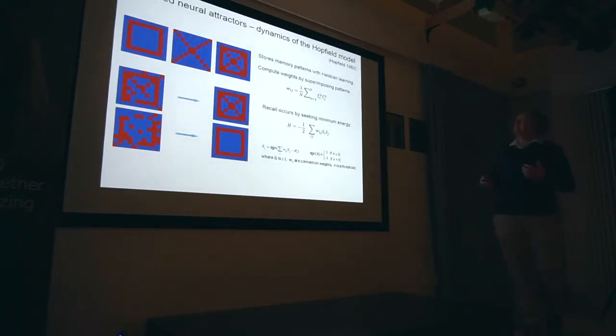An idealized example of a neural attractor is the Hopfield model, which has been influential. In this case, you have a couple of stored patterns.